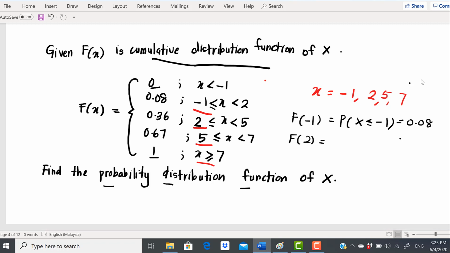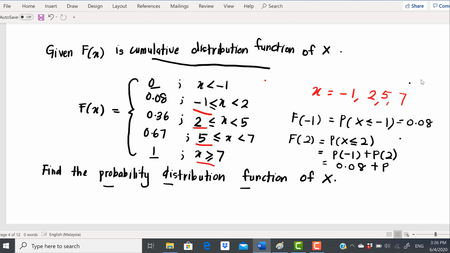Then F(2) is equal to P(x less than or equal to 2). In other words, it is the probability when x equals -1 plus the probability of 2. Now, we know that the probability when x equals -1 is 0.08.